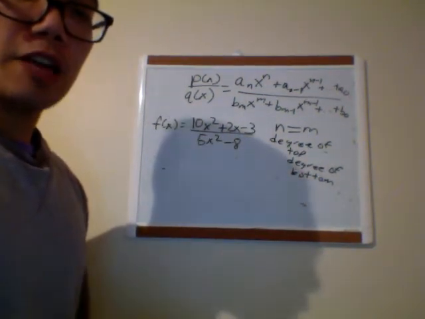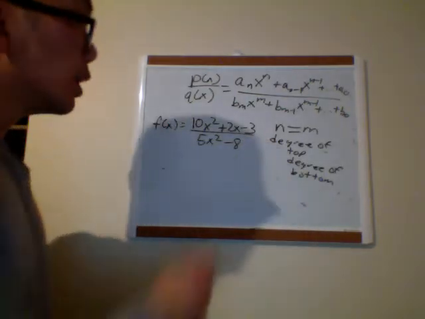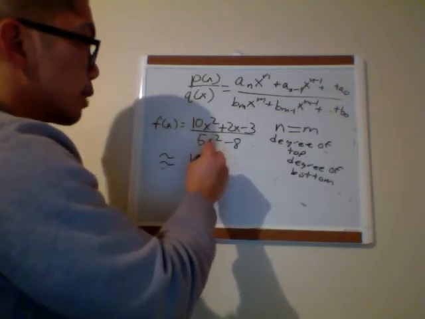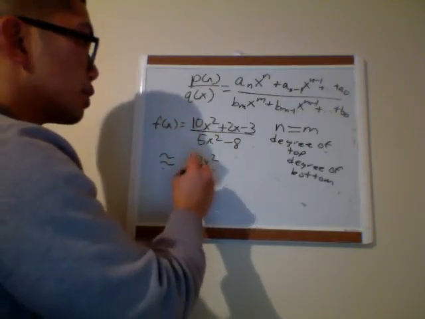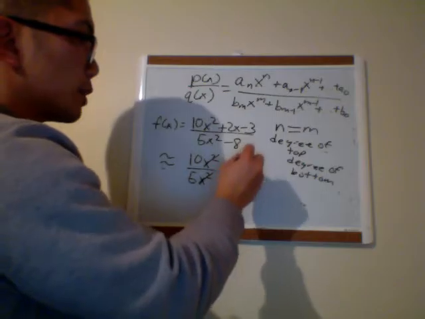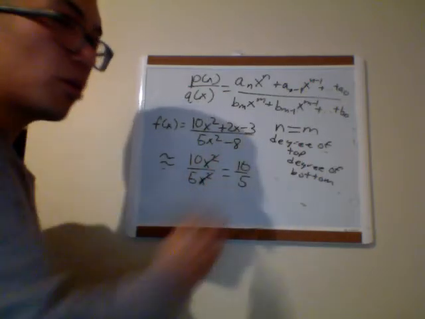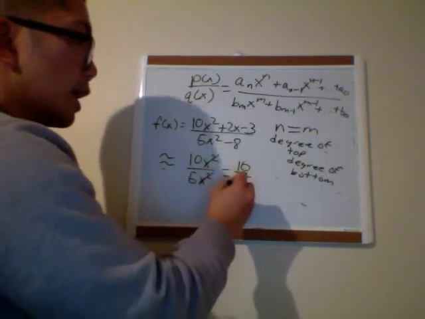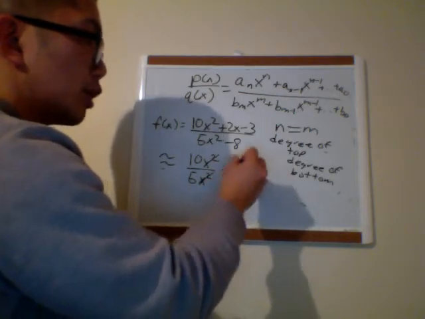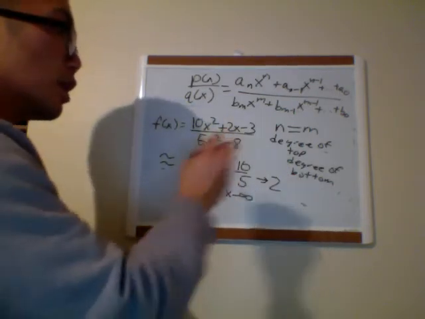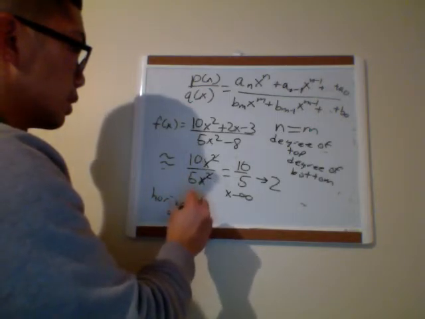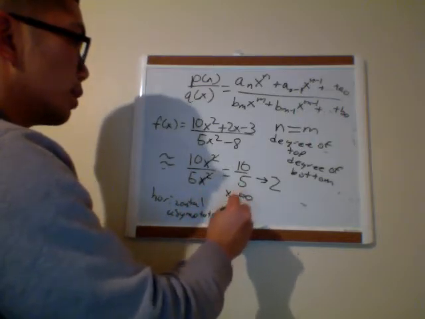If I want to find a horizontal asymptote, you see that if we talk about end behavior, the top approaches 10x^2 and the denominator approaches 5x^2. The x squareds will cancel and you're left with 10 over 5. Now there's no more x's here. So as x approaches infinity, your answer is still going to be 10 over 5, which is 2. So your horizontal asymptote in this case is the line y is equal to 2.